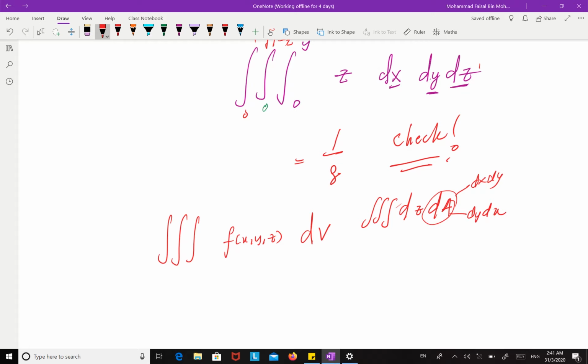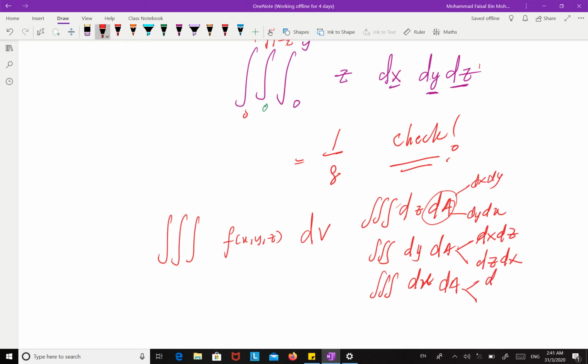For type 2, here will be dy, and your dA now is dx dz or dz dx. For type 3, you are integrating dx, so dA will be dy dz or dz dy.